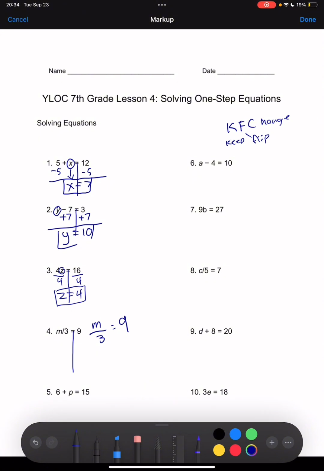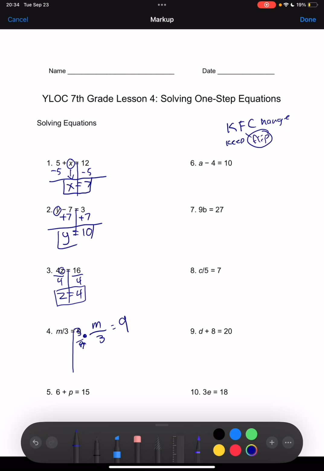So we're going to keep m over 3. We're going to change the operation, so from division to multiplication, because that's the inverse. The opposite of division is multiplication. And then we're going to flip the m over 3, so that's going to be 3 over m.